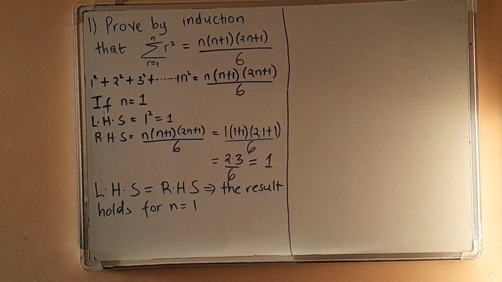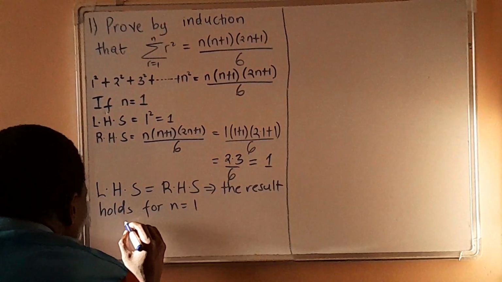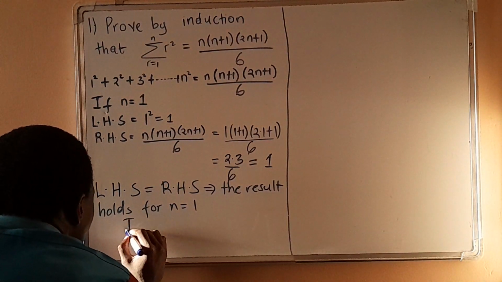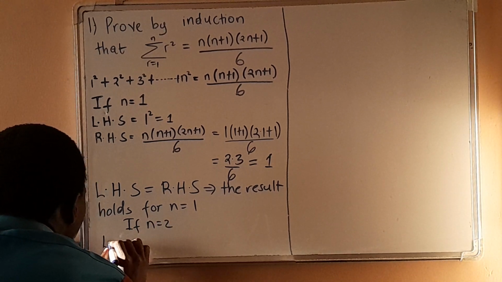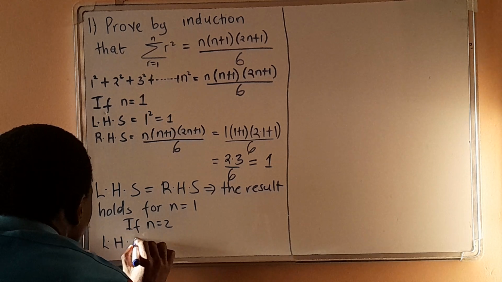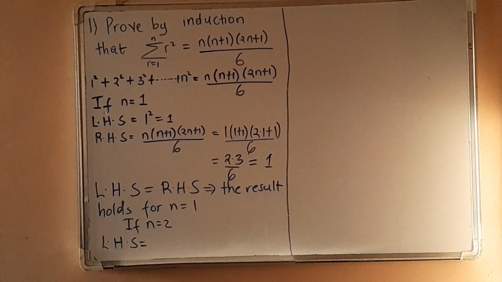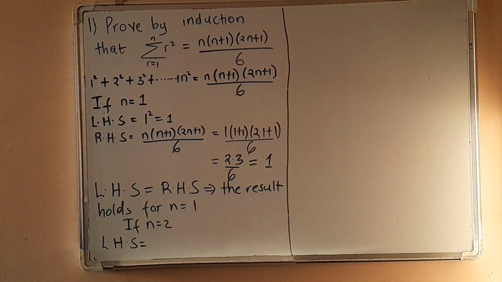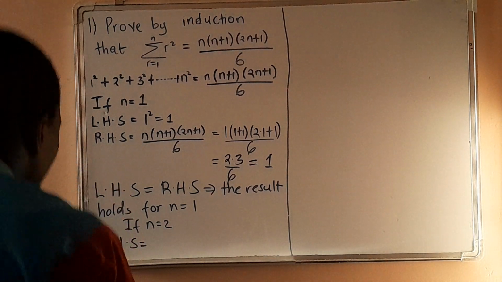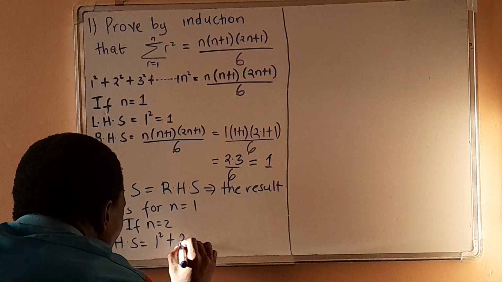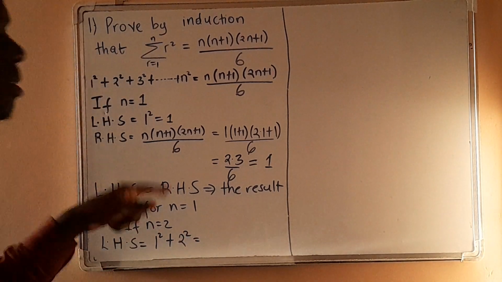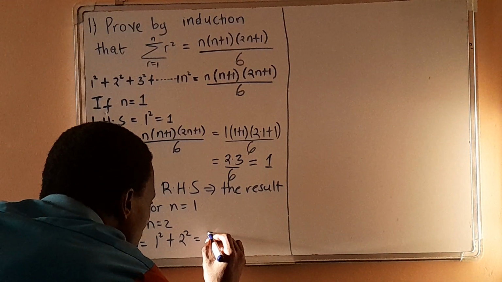Now, if n is equal to 2, n stands for the number of terms. Left-hand side, now we have 2 terms. The sum of 2 terms: 1 squared plus 2 squared, and this is 1 plus 4, which is equal to 5.